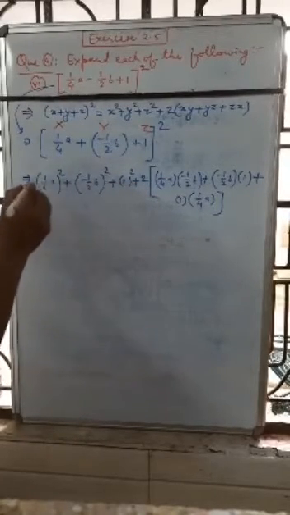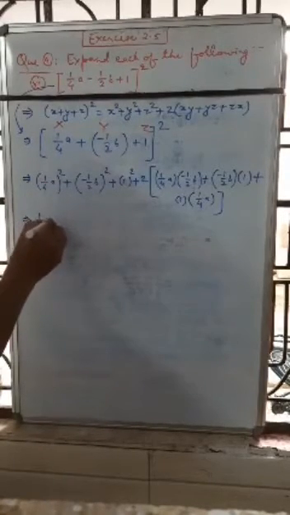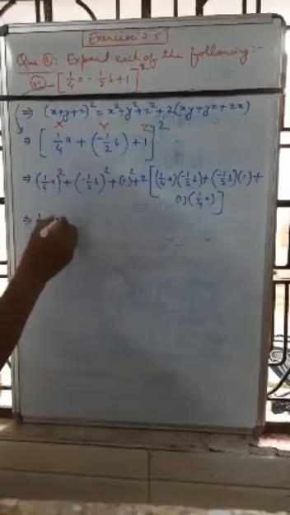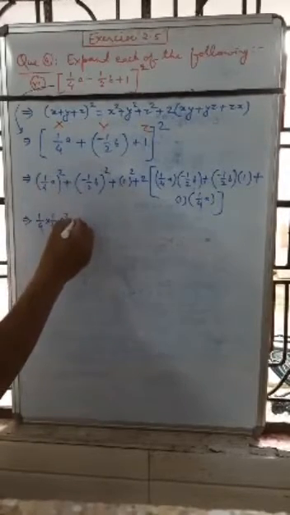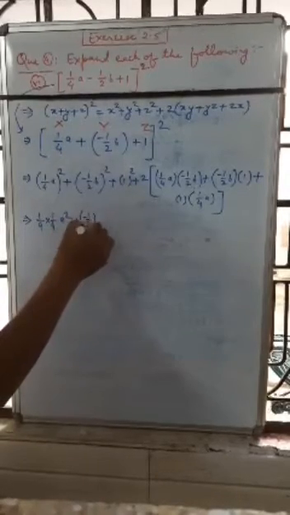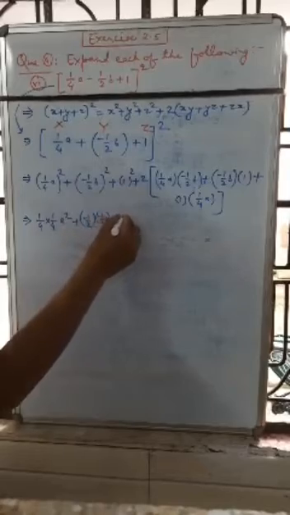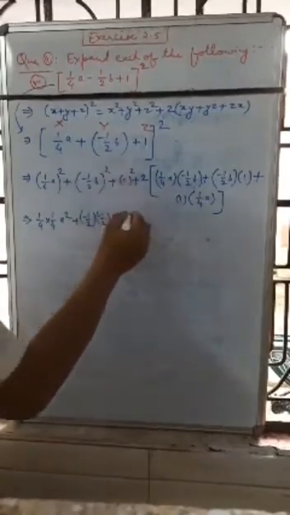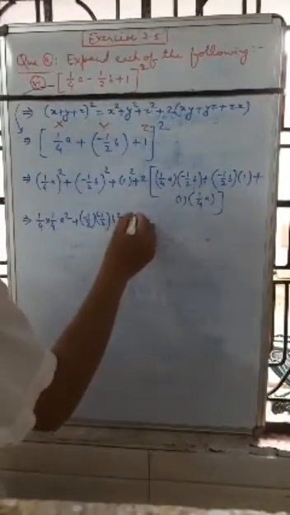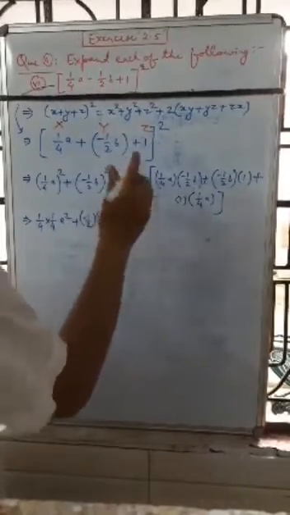So now 1 by 4 into 1 by 4, and a into a whole square, then minus 1 by 2 into minus 1 by 2, and b into b square, plus 1 whole square, which is always 1.